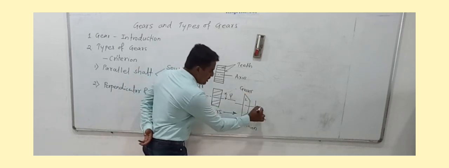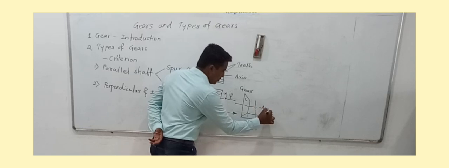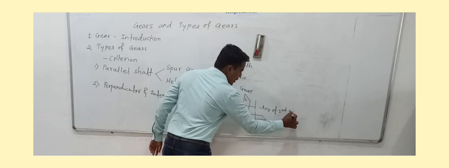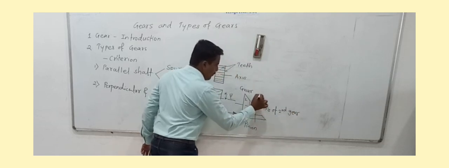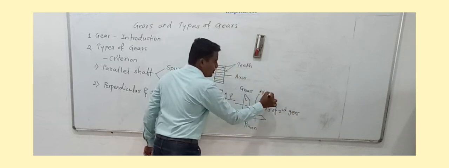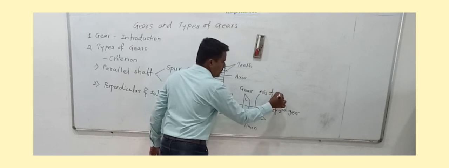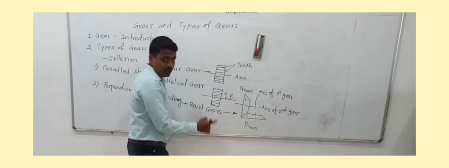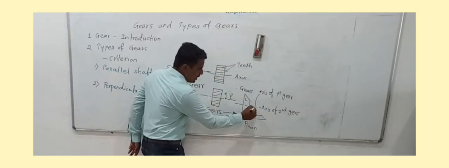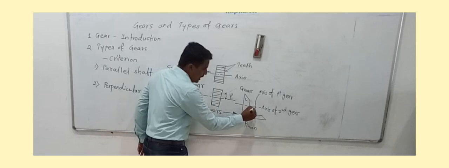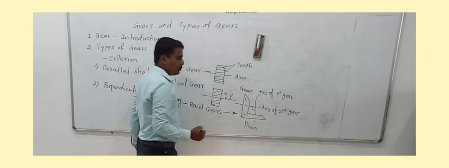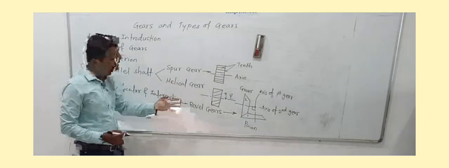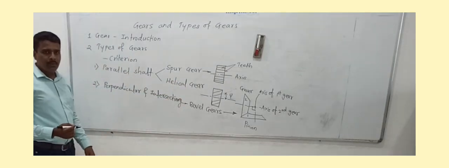This is the axis of the second gear, and this is the axis of the first gear, meaning the axis on which the gear is mounted. Correct? So these two axes are intersecting at this point as well as perpendicular at this position, meaning the angle between the two axes will be 90 degrees. Such a type of arrangement is known as bevel gears.